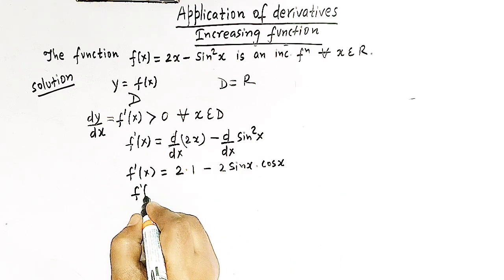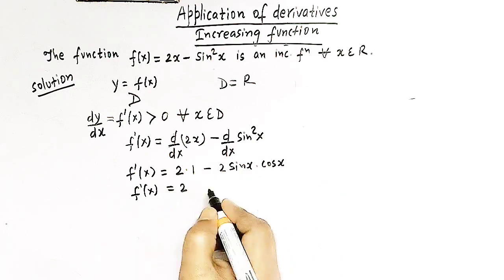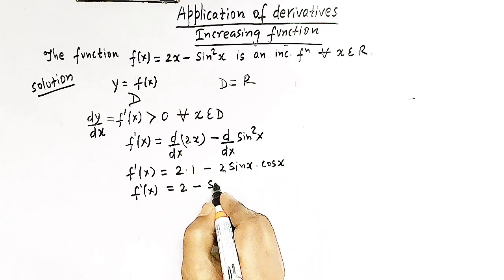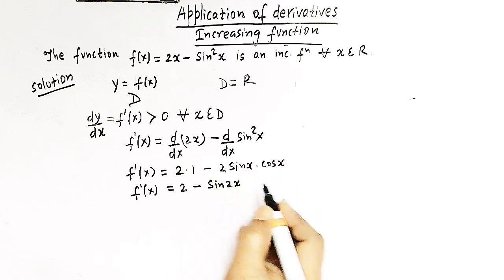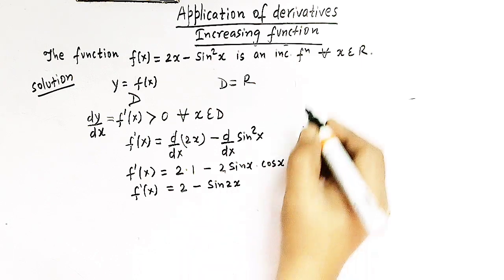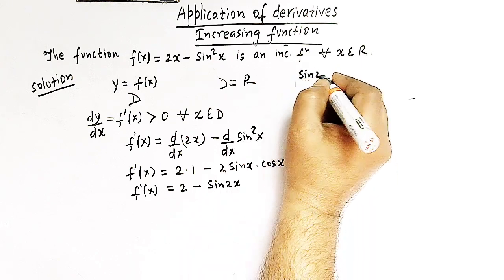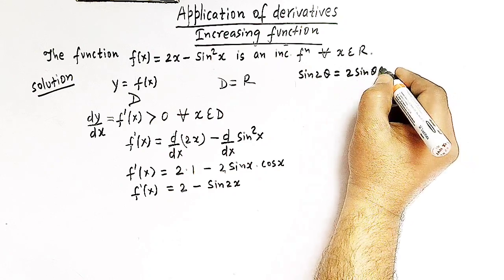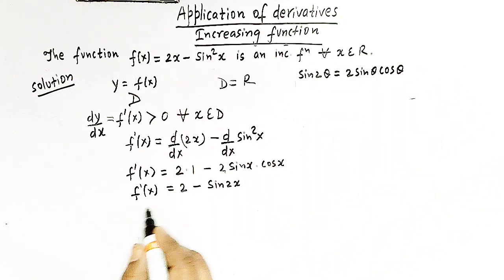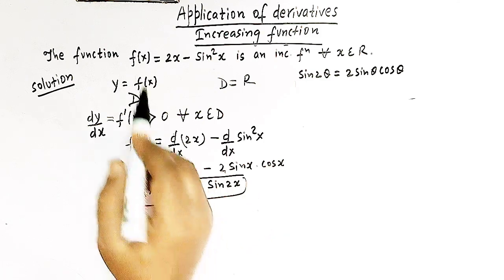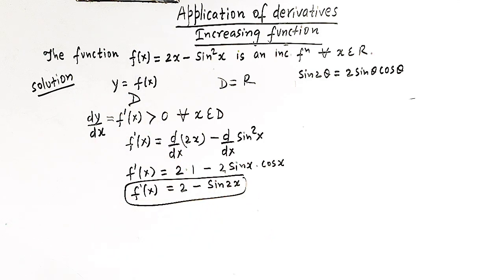So now we have f prime of x is equal to 2 minus 2 sine x cos x is sine 2x. So this is the double angle formula for sine 2x, because we know sine 2 theta is 2 sine theta cosine theta. So now this is the expression for the derivative of the function f of x.